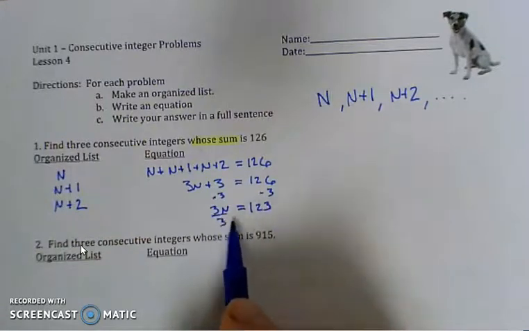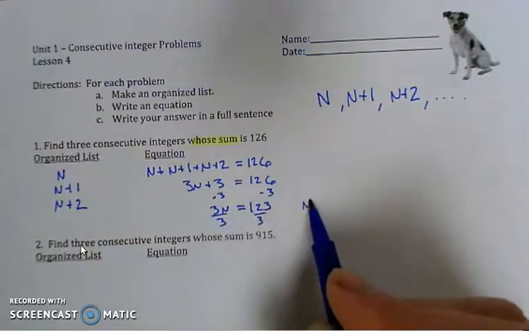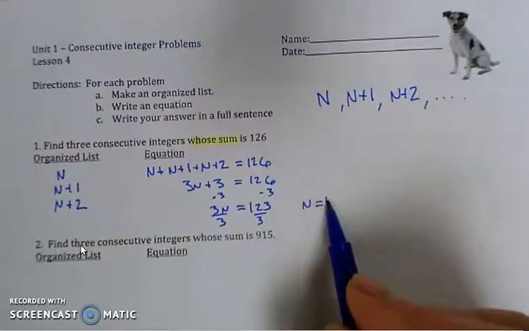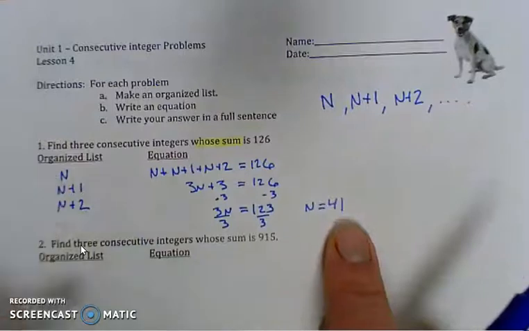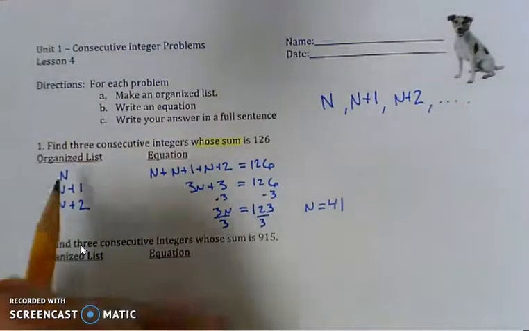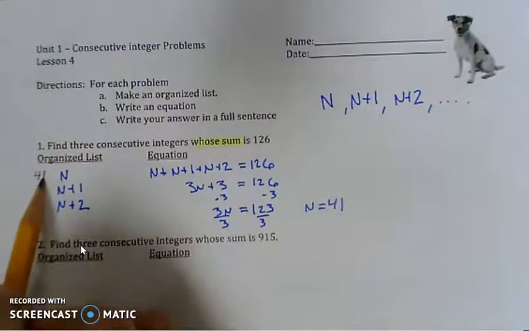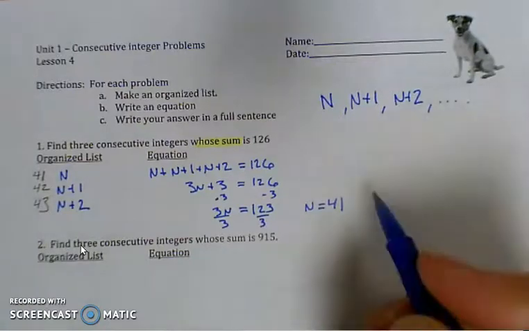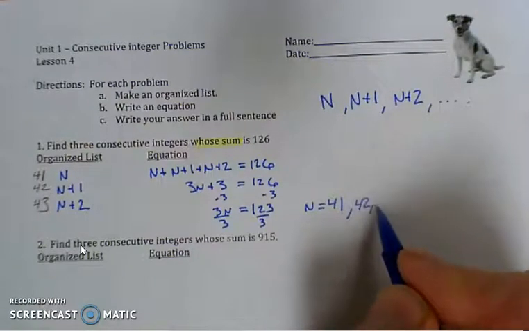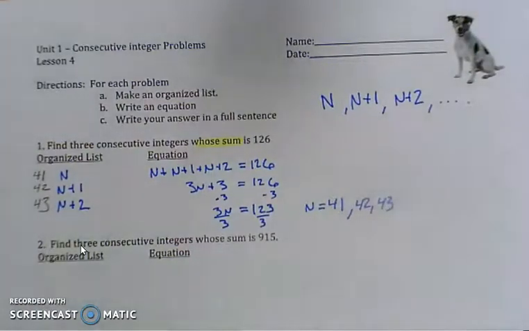And if I divide by 3, my n will have to equal 41. So n is going to be 41. Now remember, that n is right here. So my answers are 41, 42, and 43.